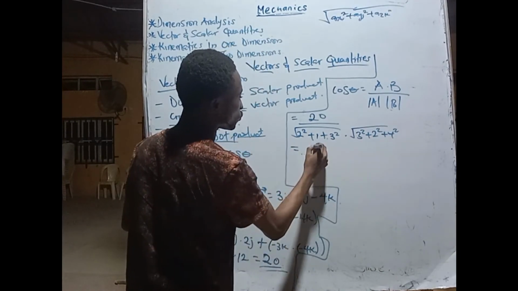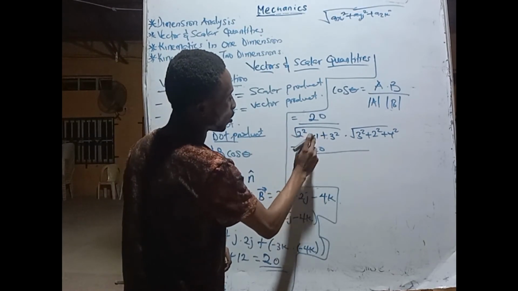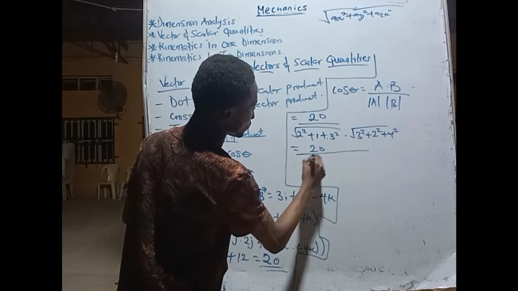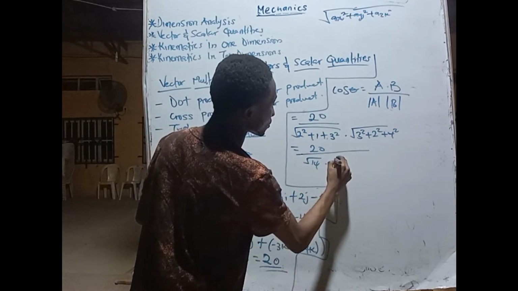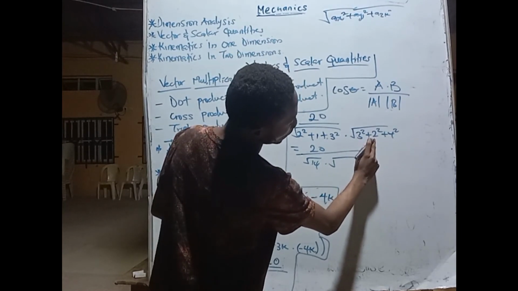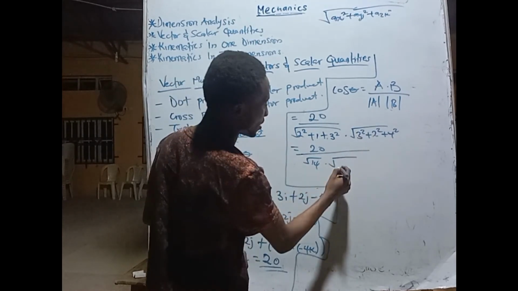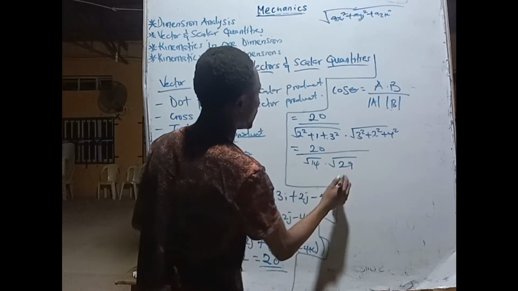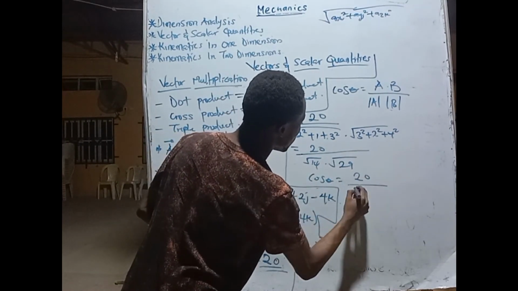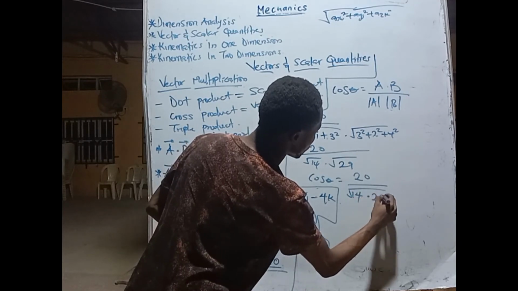Which equals 20 all over, this is 4 plus 1 plus 9, that's 14. So square root of 14 dot square root of 9, 4 and 16. So 4 plus 16, that's 20. 20 plus 9, that's 29. So cos theta equals 20 all over square root 14 dot 29.